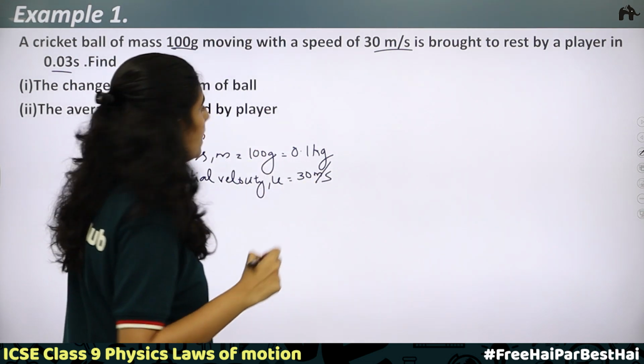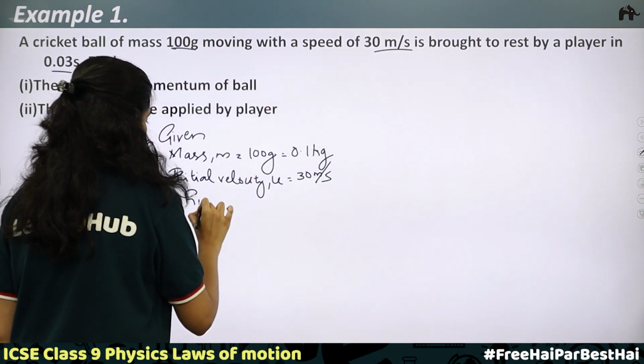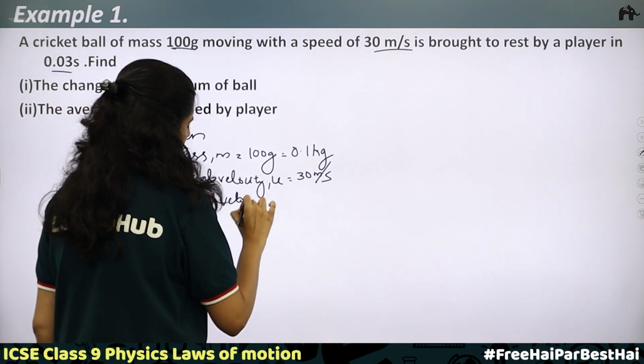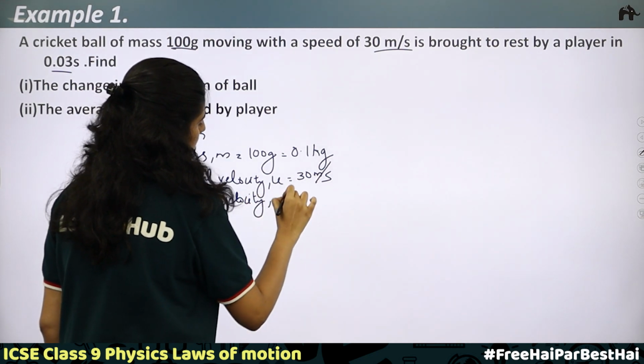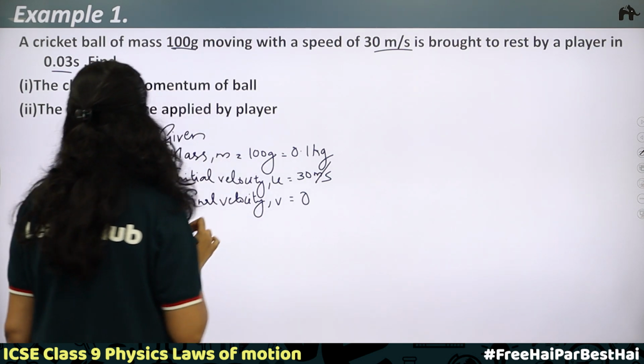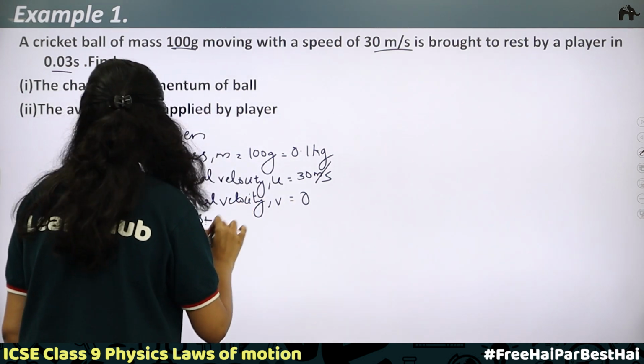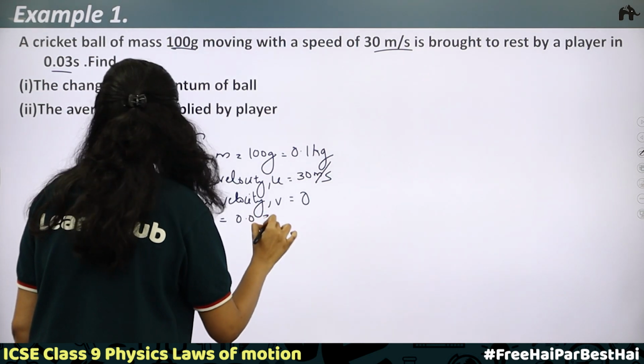It is brought to rest by a player in 0.03 seconds. Final velocity v is equal to 0, since it is brought to rest. Time is given, change in time, delta t is equal to 0.03 seconds.